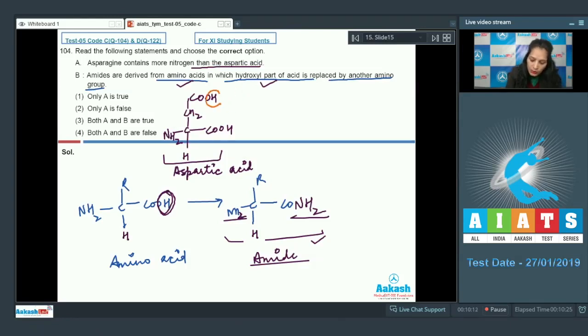When it converts into asparagine, this OH group is replaced by NH2. So it has more nitrogen as compared to the aspartic acid. So this A statement, asparagine contains more nitrogen than the aspartic acid, is also correct. So the correct option for the given question is option number 3. Let's move on to the next question.